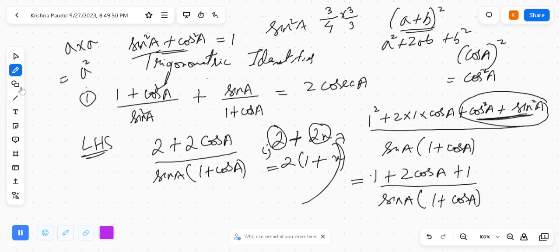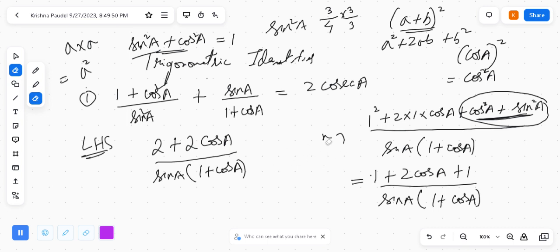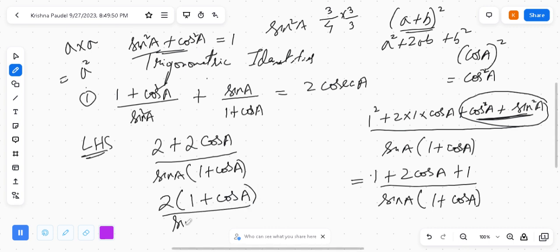So I'll use this same logic here. Since we cannot add this 2 and 2 cos A, because of the concept of like terms, I will take 2 common. I will be left out with 1 plus cos A. Denominator I won't be changing, sine A into 1 plus cos A. And if we see properly, 1 plus cos A and 1 plus cos A are exactly two same things.